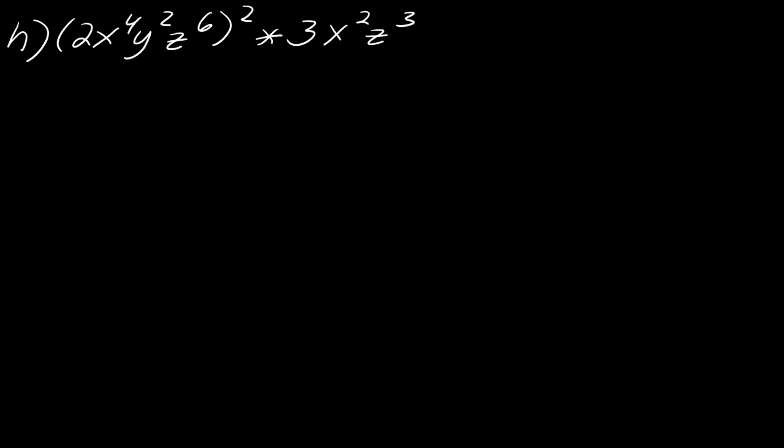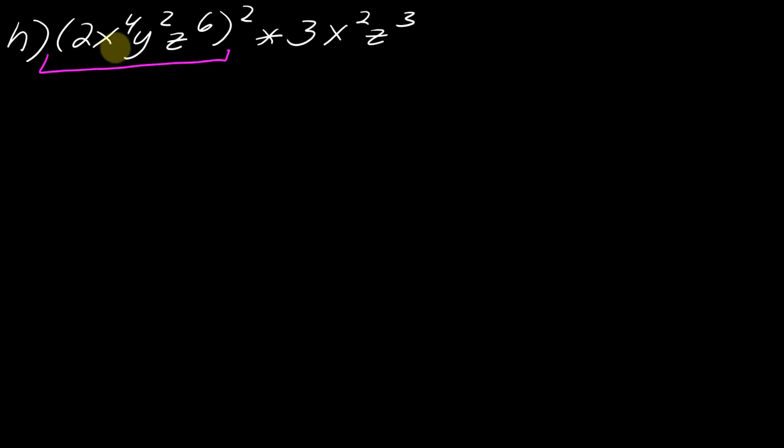Okay, so moving on to H here. Now we're getting a little trickier. We've got this whole thing, and we're going to have to use the order of operations to help us. Notice that I have this set of parentheses with an exponent, so this is where I have to start according to the order of operations.